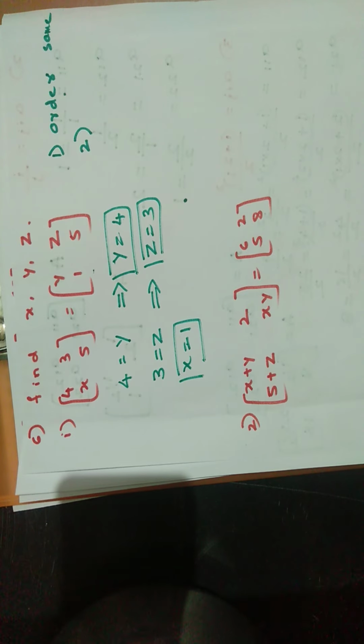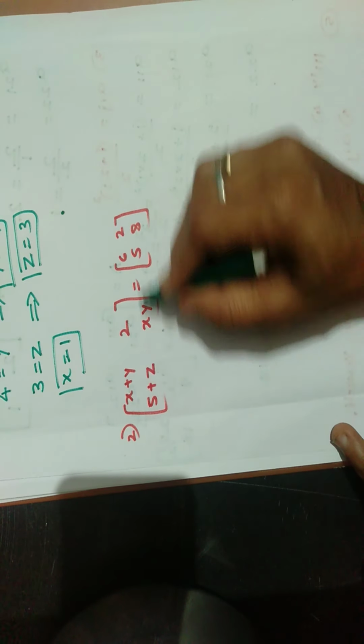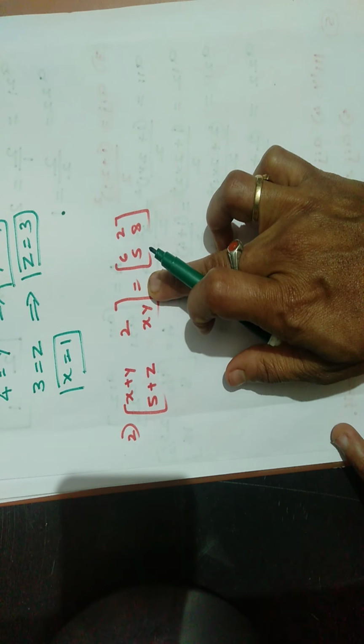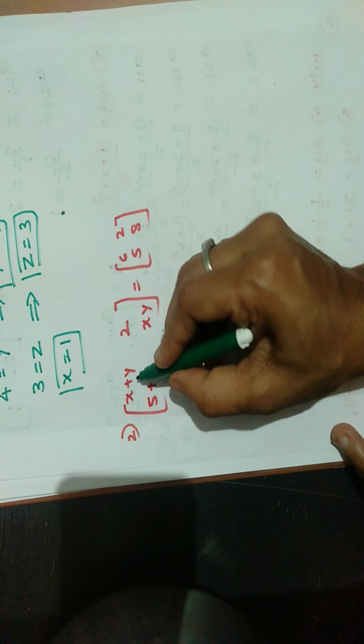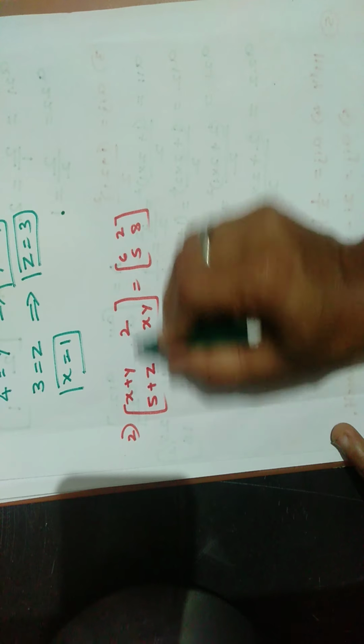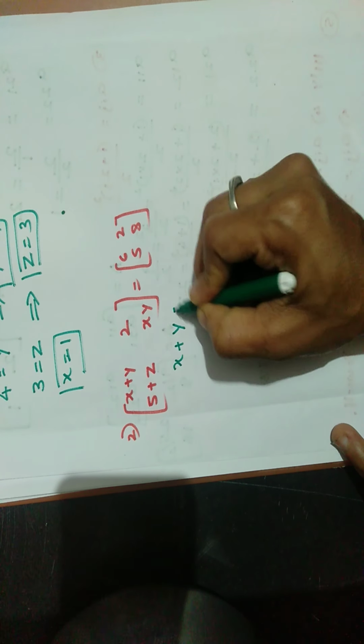Okay. Next example. So here is x plus y. Here also two matrices are given, with equality in between. By applying equality, first the order must be the same and corresponding elements are equal. First one, x plus y is equal to 6.